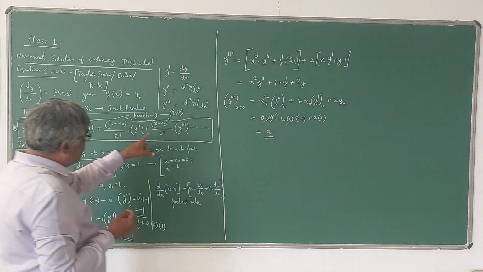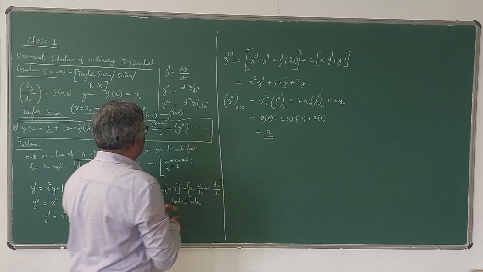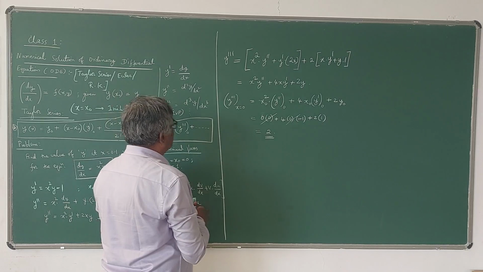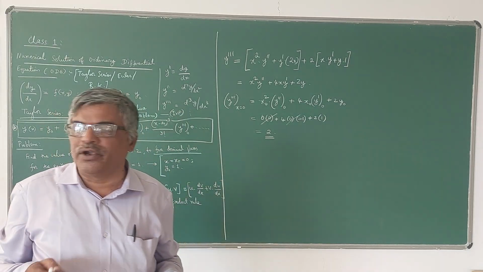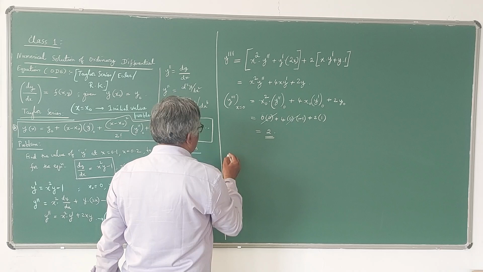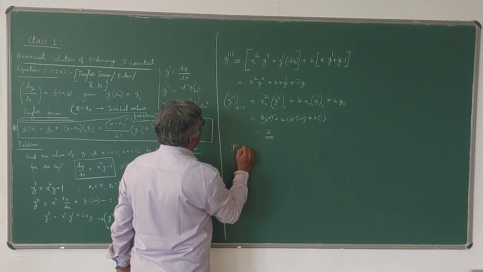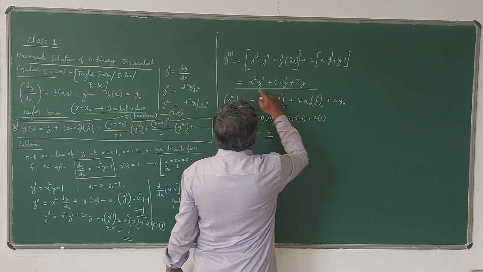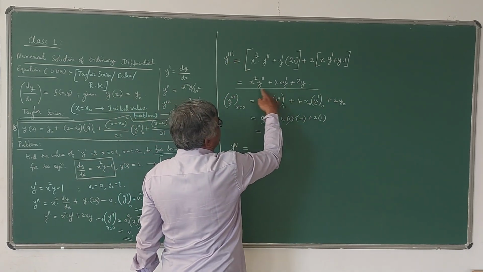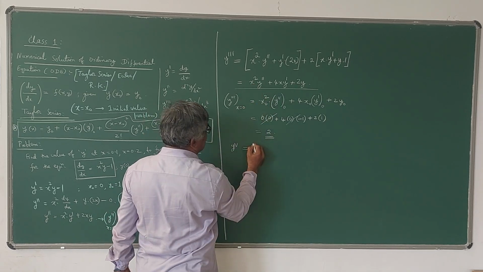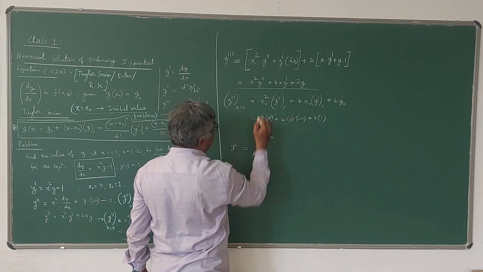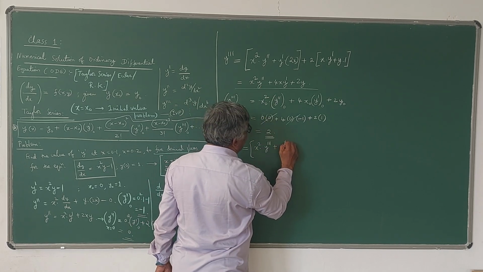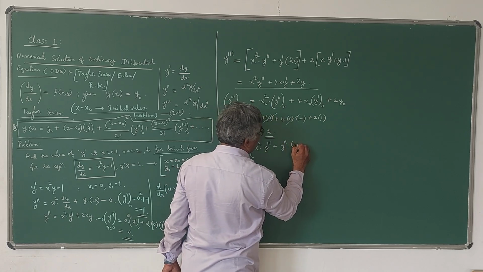Next let us find out one more term, because we have lost the value of y to 5 decimal places. So more number of terms if you take, you are going to get a more accurate value of y. So the fourth derivative, I will write like this, y4. I have to differentiate y triple dash with respect to x now. Once again here first function is x square, into second function derivative of y double dash is y triple dash, plus second function is y double dash, into derivative of x square is 2x.